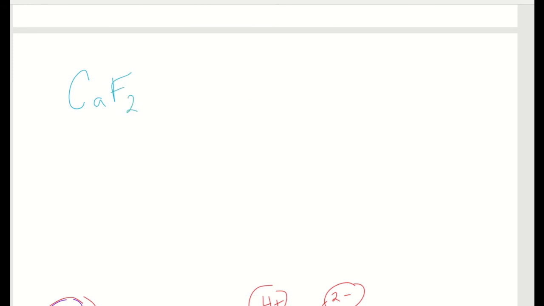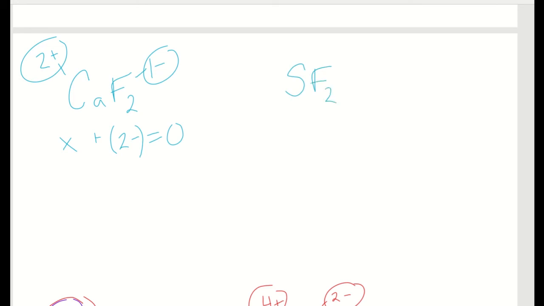So a couple more examples. We have calcium fluoride. So fluorine has a charge of 1 minus. That comes from the periodic table, which means calcium has to be 2 plus. Okay, next we have SF2. So fluorine's charge is 1 minus again.